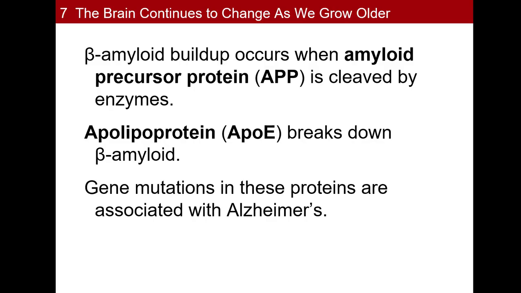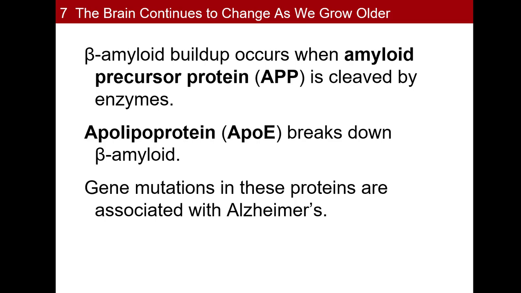Okay, so here's the thing. We have these beta amyloid plaques that are building up, and it talks a little bit about this process here, right? So we have this amyloid precursor protein that's being broken down, and one of the byproducts of that is beta amyloid. So it's normal to have beta amyloid in your nervous system, but the beta amyloid is supposed to be cleaned up.